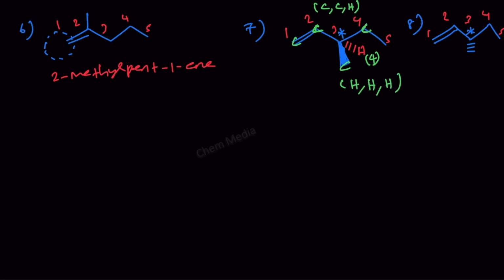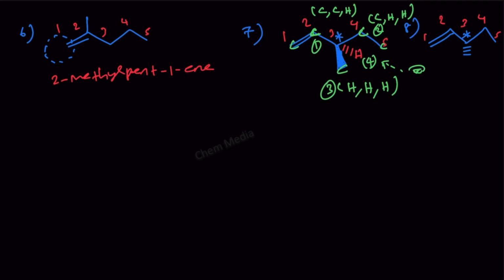For this carbon it is connected to this carbon, therefore that is carbon and then 2 hydrogens. So therefore this is number 1 priority, this is third priority, and this will be second priority. So if we are looking from this side, and if we get into Fischer projection, then the hydrogen atom is on the right hand side, the methyl group that is the third priority is on the left hand side, and then 2 is at the top, 1 is bottom, but we need to bring the 4 down so that we can assign the priority.